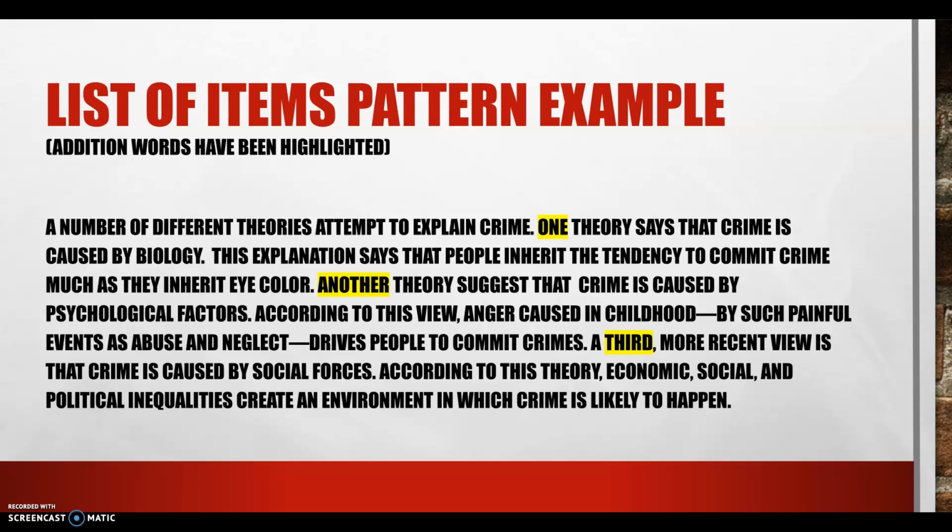Another theory suggests that crime is caused by psychological factors. According to this view, anger caused in childhood by such painful events as abuse and neglect drives people to commit crimes. A third, more recent view is that crime is caused by social forces. According to this theory, economic, social, and political inequalities create an environment in which crime is likely to happen.